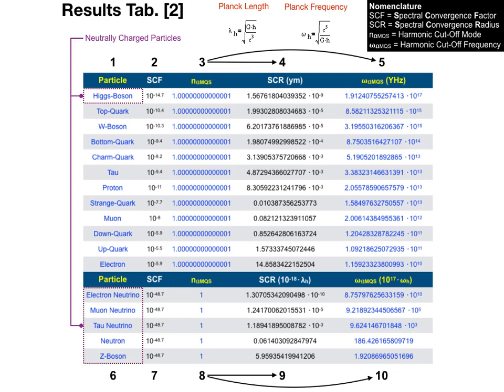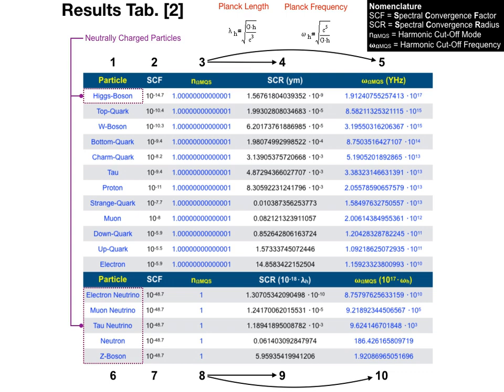The spectral convergence radius specifies the physical dimension whereby mass, charge and spin angular momentum are unified with respect to the quantum vacuum. The harmonic cutoff frequency specifies the quantum vacuum upper spectral frequency limit, specifically at the spectral convergence radius. In other words, the spectral convergence radius and the harmonic cutoff frequency go hand in hand.